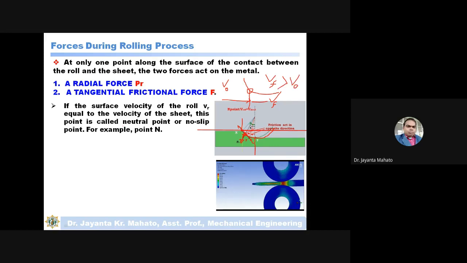Means the velocity before the neutral point is less compared to the velocity after the neutral point, and at the neutral point the velocities of the rollers and the workpiece are the same.